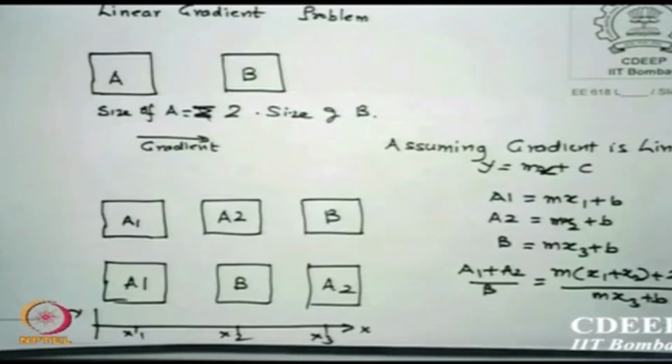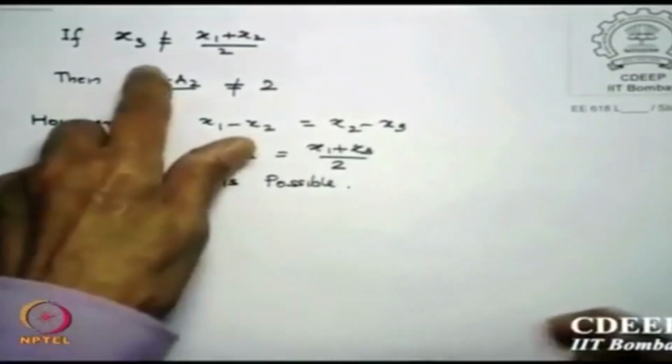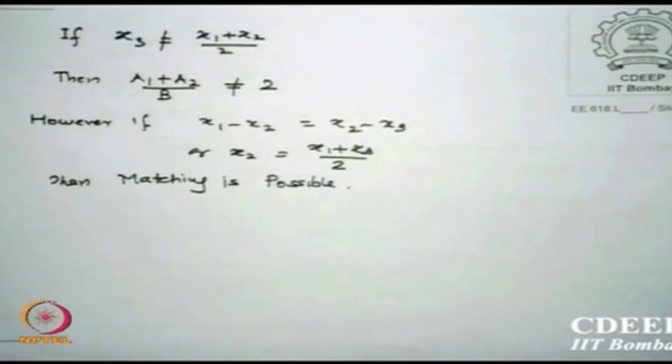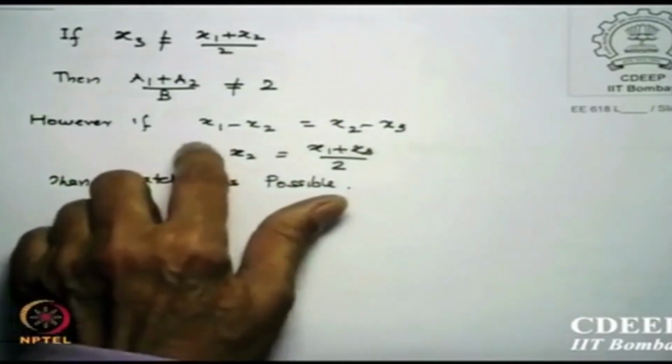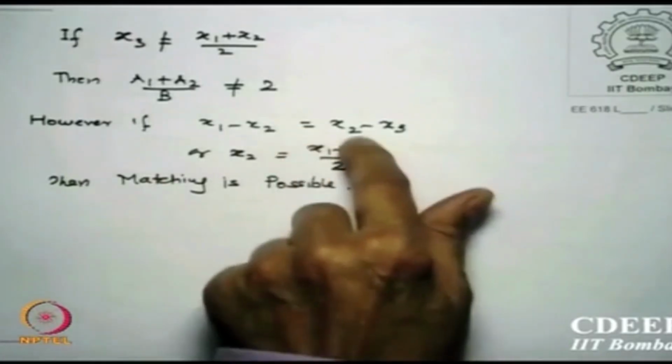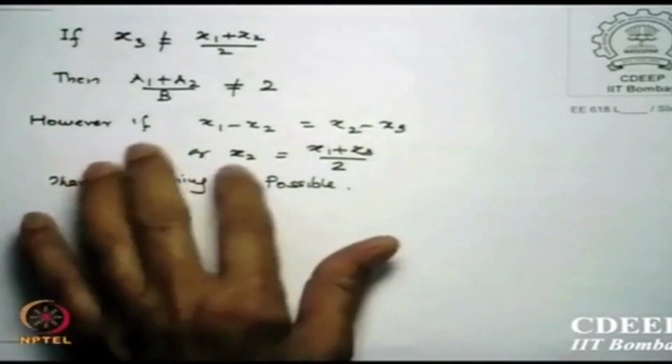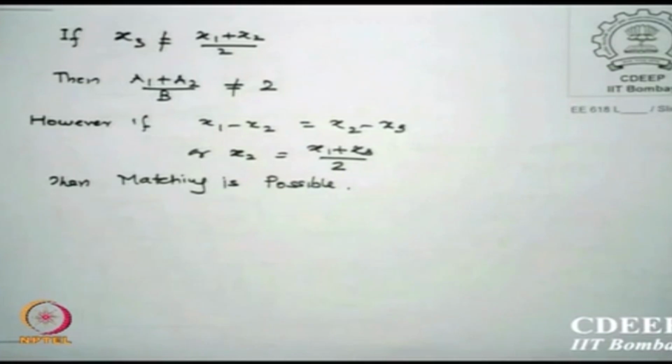Now this problem which we see: if x3 is not (x1 plus x2) by 2, then (a1 plus a2) by b2 is not equal to 2 either. So what we now do, we say okay, put x1 minus x2 and x2 minus x3 the same, or essentially saying x2 should be (x1 plus x3) by 2.